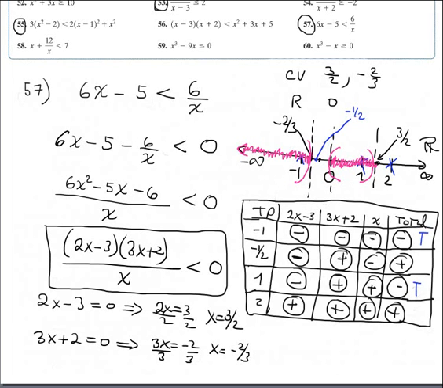Okay, so now the final answer in interval notation is from negative infinity, comma, this point, which is negative 2/3, union 0, 3/2. Okay, this point, 3/2.